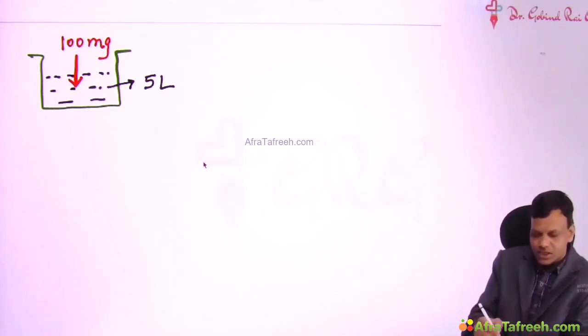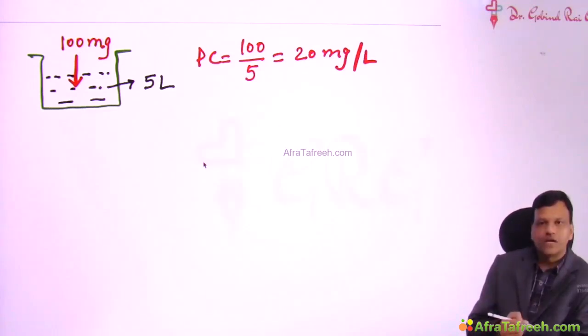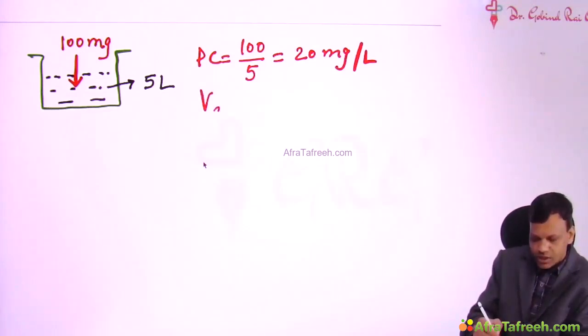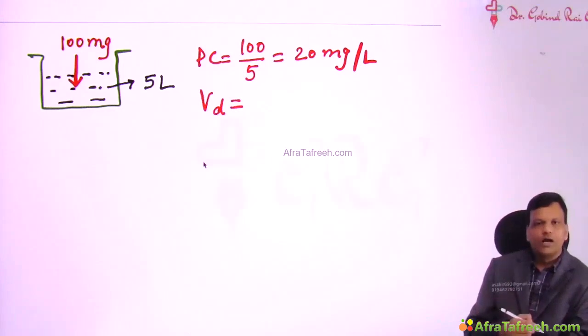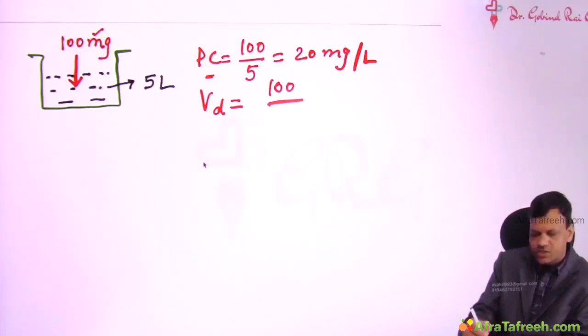Plasma concentration in this example is 100 milligram present in 5 liter, so that means 20 milligram per liter. If we calculate the volume of distribution from the formula, amount of drug given, which is 100, divided by plasma concentration obtained, which is 20, the volume of distribution comes out to be 5 liter.